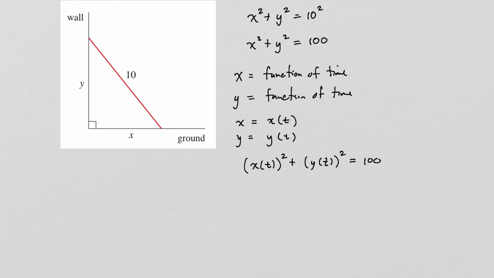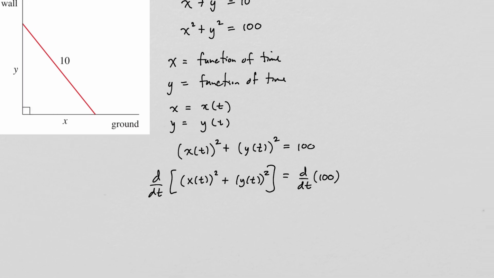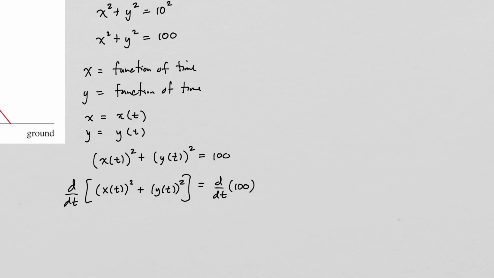And so what we get is the derivative with respect to time of the left-hand side of the equation is equal to the derivative with respect to time of the right-hand side of the equation. And this is now just an implicit differentiation problem.